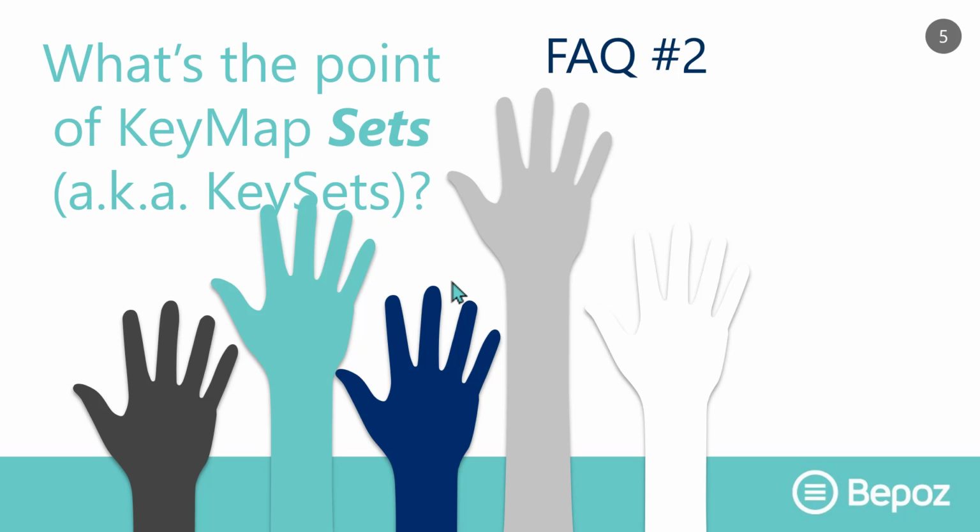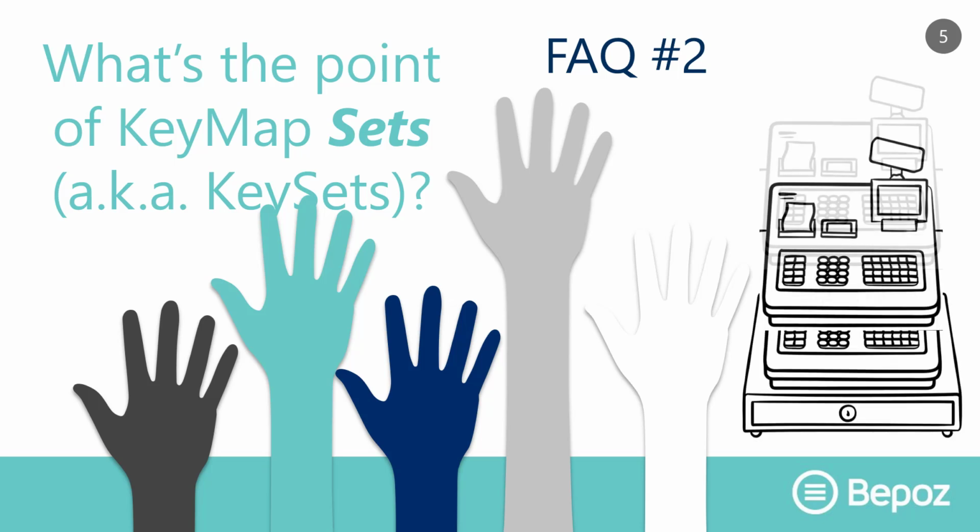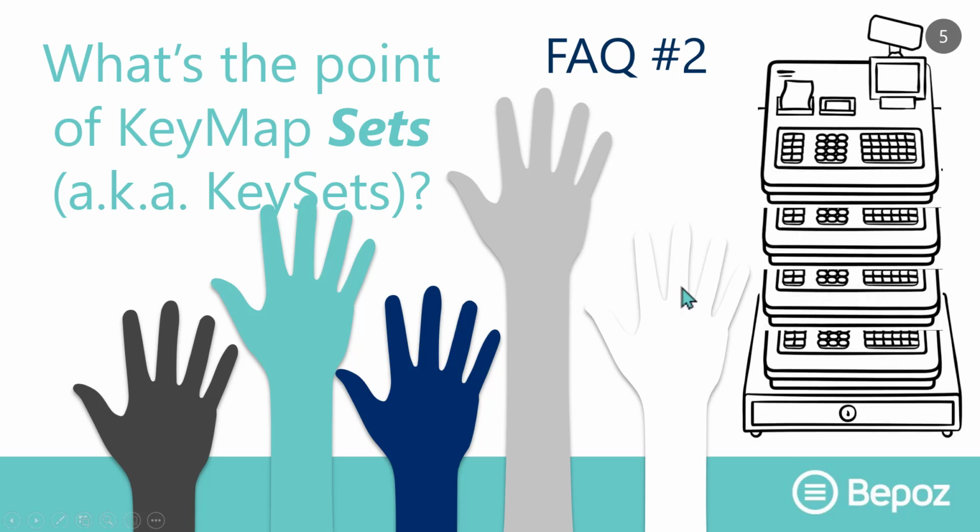What that means is that within SmartPause, we can then access all of the different key maps that belong to that set, layered on top of each other in tabs. It's sort of like stacking a bunch of old tills, all with different products programmed into them, right on top of one another, but having them all use the same cash drawer.